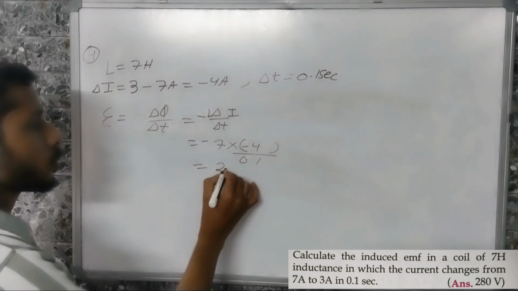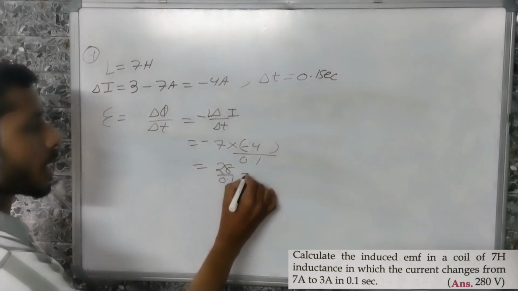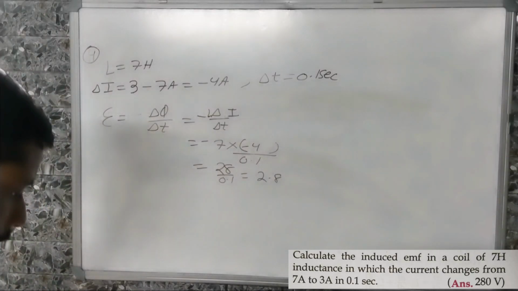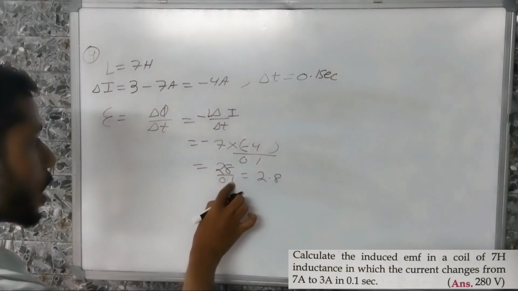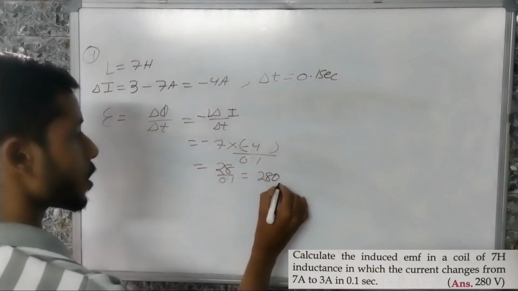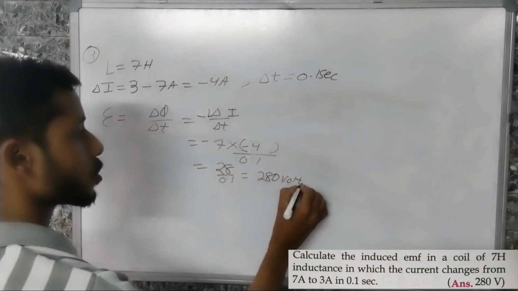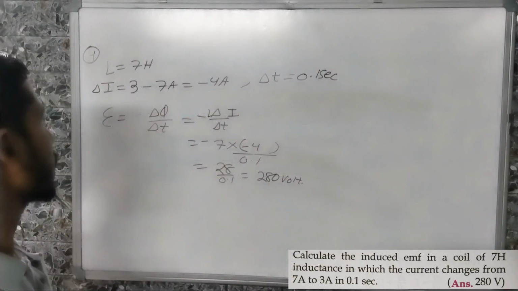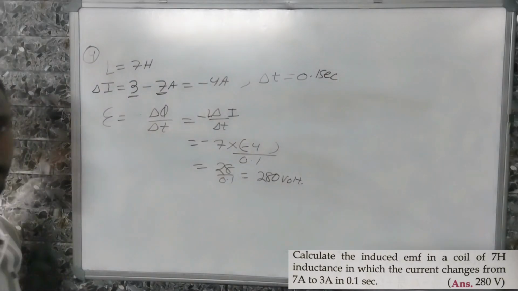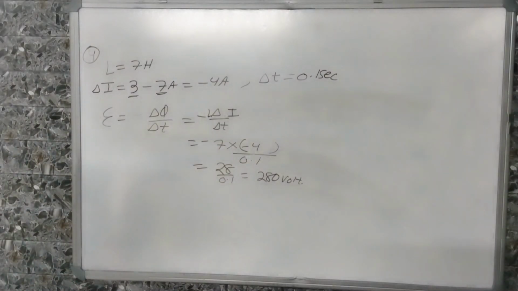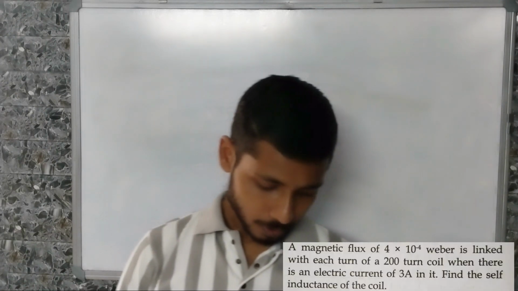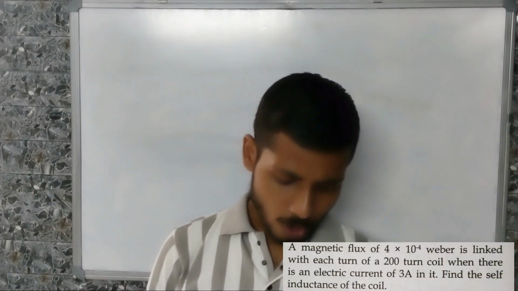So here it is 28 by 0.1, that is 2.8, sorry, 0.1 means 1/10, so 10 goes up and it becomes 280 volt. 280 volt. Okay, final minus initial. Okay, write it down.